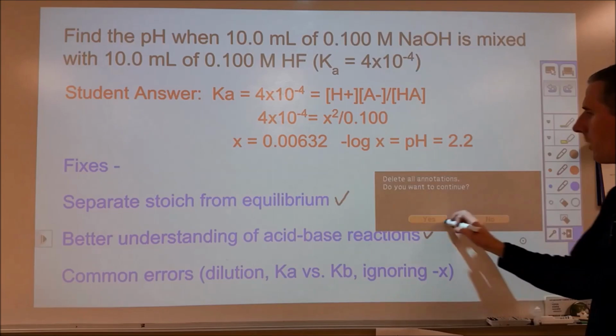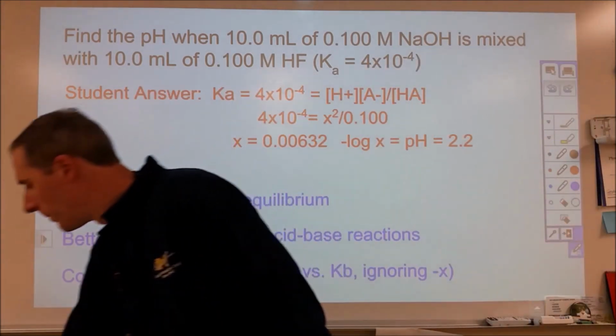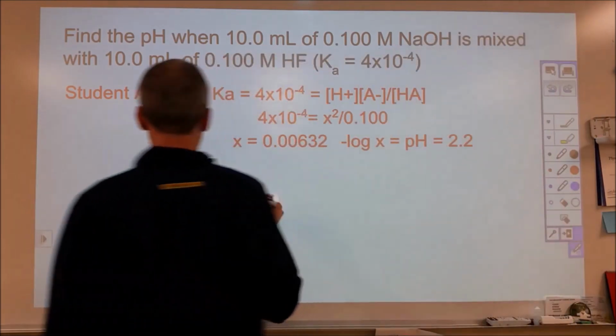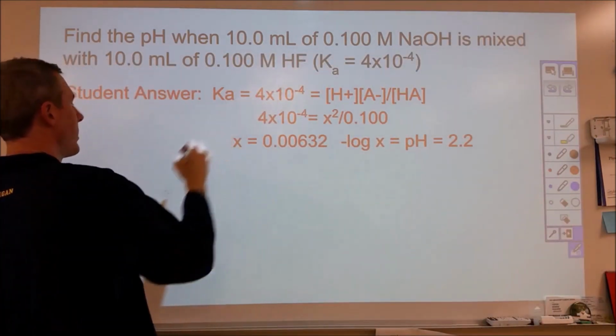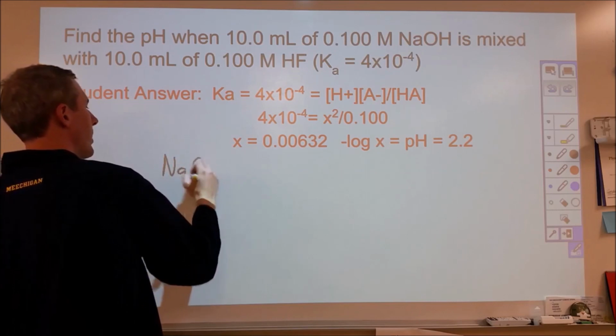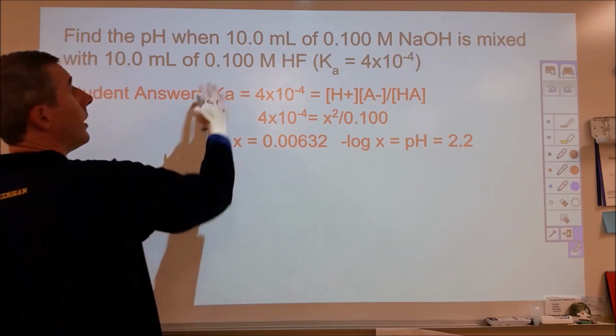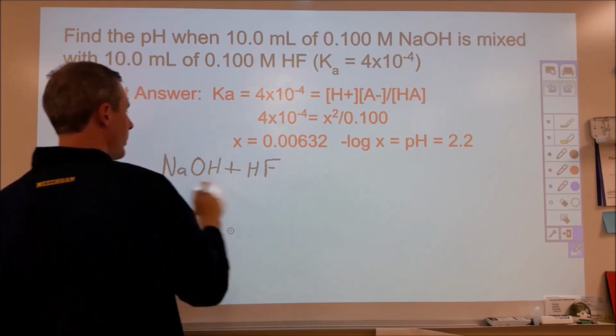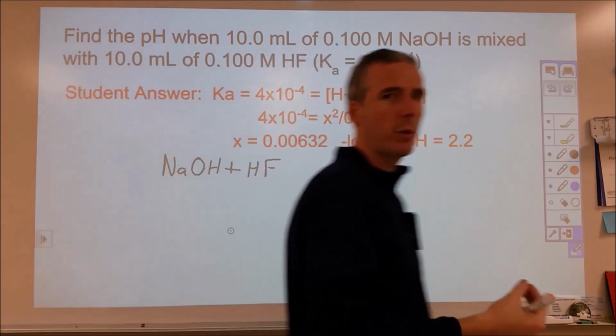When you're doing a pH calculation, somewhere along the way, there has to be an involvement of water. In this particular case, we're starting with sodium hydroxide, and we have a weak acid, hydrofluoric acid. When you're dealing with anything strong, that reaction is going to go to completion.